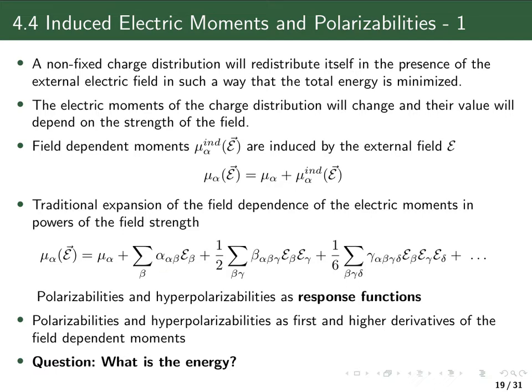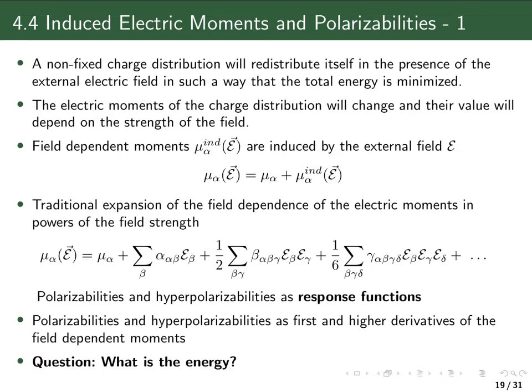Now all these polarizabilities, first hyperpolarizability, second hyperpolarizability, are in reality examples of response functions as we have discussed them in the last chapter. So the polarizability, because it appears in the term linear in the field, is a linear response function. The first hyperpolarizability is a quadratic response function.